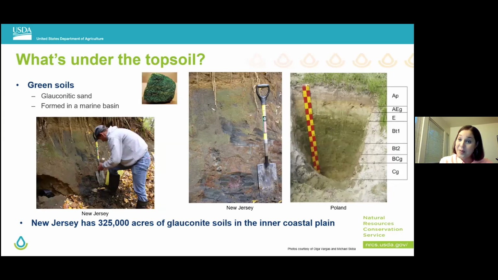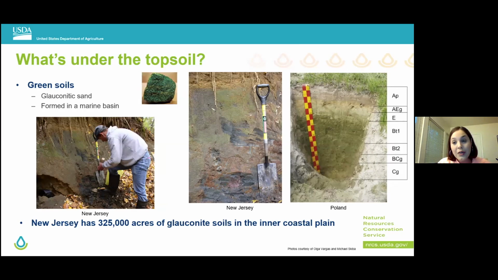Now let's talk about some green. And green, to me, is kind of cool. I was very impressed when I was doing this. I'm going to tell you something, guys: I've never seen green soils before. When I was doing this presentation, I was very surprised when soil scientists told me, hey, we have some green soils in New Jersey. Those are made of glauconite.